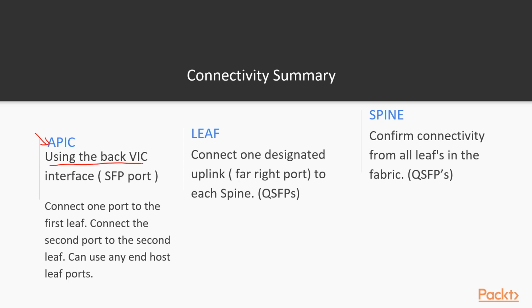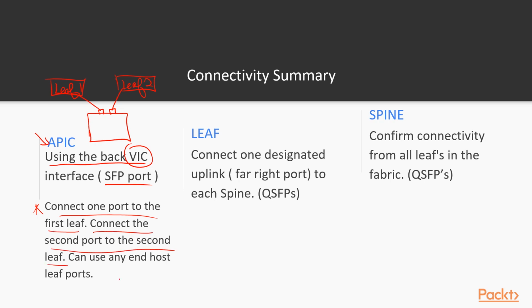We're going to be using the back VIC interface, and we just mentioned that on the back of the server, you're going to have 2 interfaces. We're just going to connect one to one leaf, the other one to the other leaf. We can use any end-host leaf port.